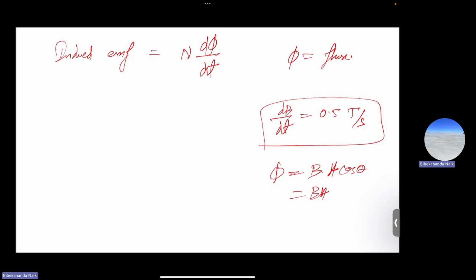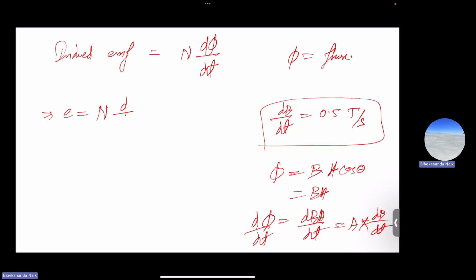So d phi by dt is d BA by dt. Since area is constant, non-changing, we can say A dB by dt. So you will use this formula. EMF induced is N d by dt of BA, or we can say N A dB by dt.